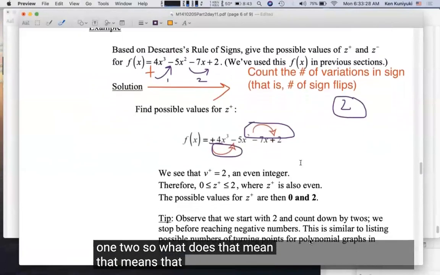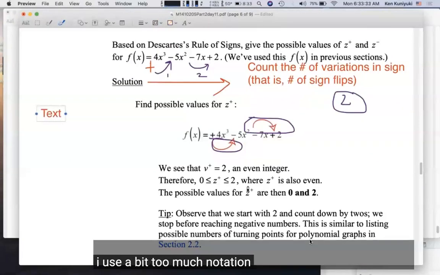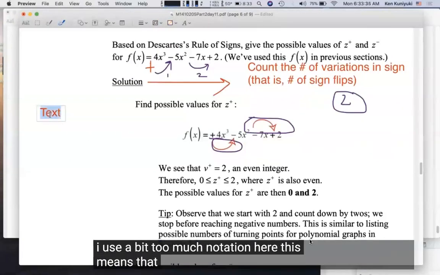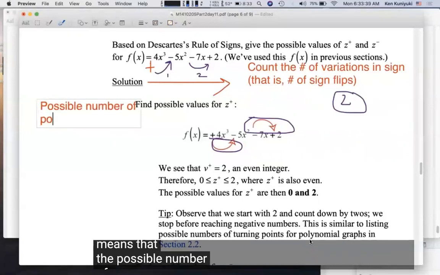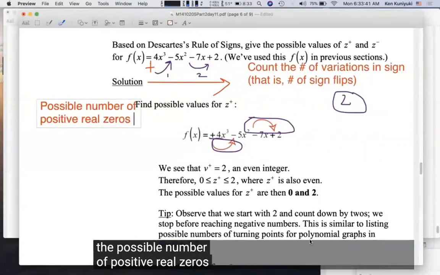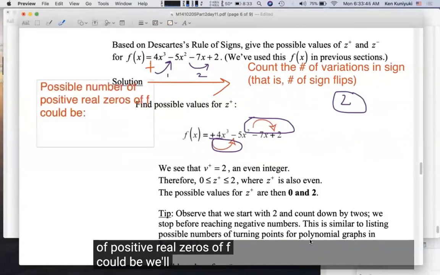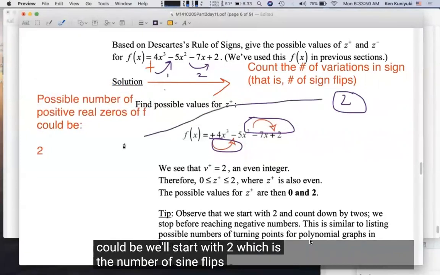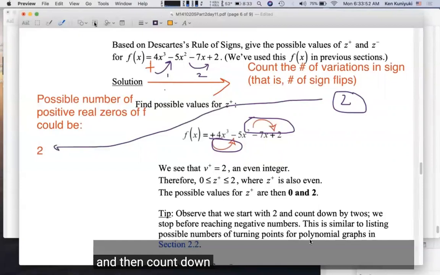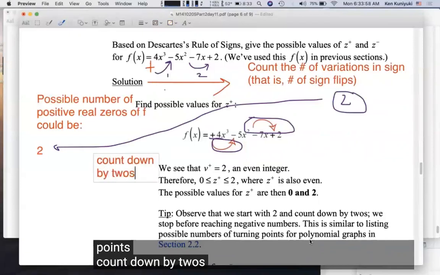So what does that mean? This means that the possible number of positive real zeros of f could be, we'll start with 2, which is the number of sign flips, and then count down by 2s. Similarly to the number of turning points, count down by 2s.